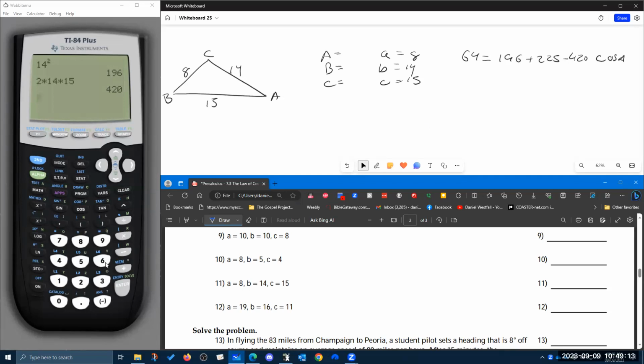So 64 minus 196 minus 225, that's divided by a negative 420. 85 over 100 is 17 over 20.